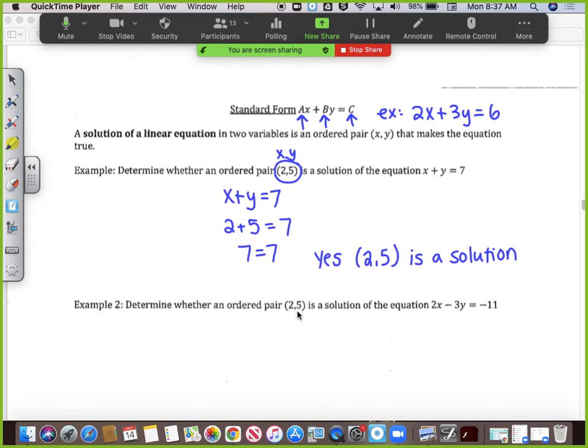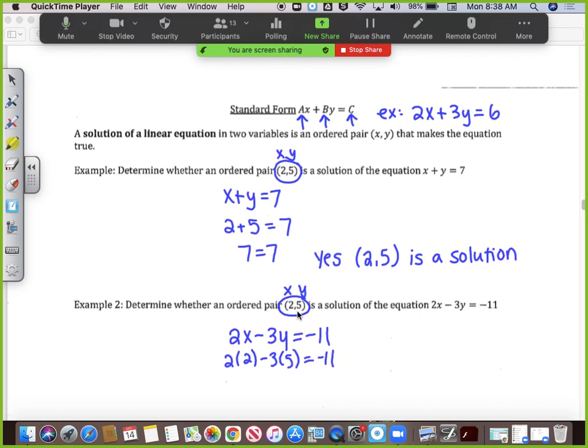So this is a brand new equation, 2x minus 3y equals negative 11. And I'm going to be doing the same thing. I'm replacing in 2 for x and 5 for y because the ordered pair is the same. But then I have to do a little bit of solving because it's not going to be as easy as just 2 plus 5. So this is going to be 2 times 2 minus 3 times 5.